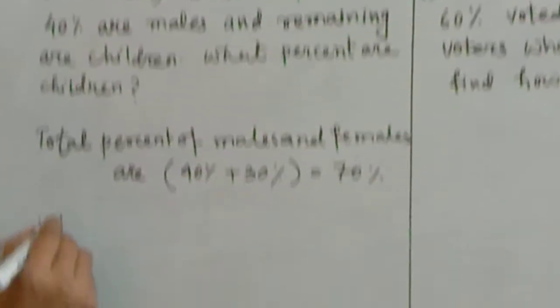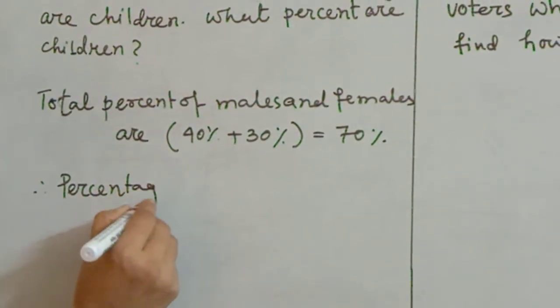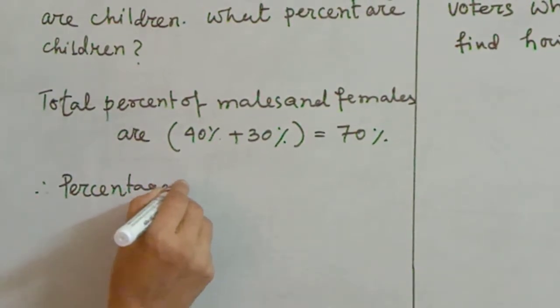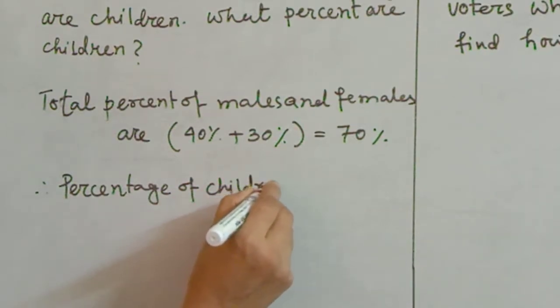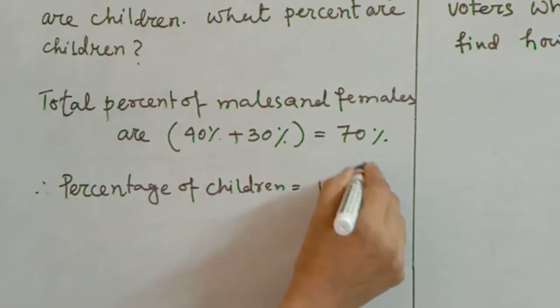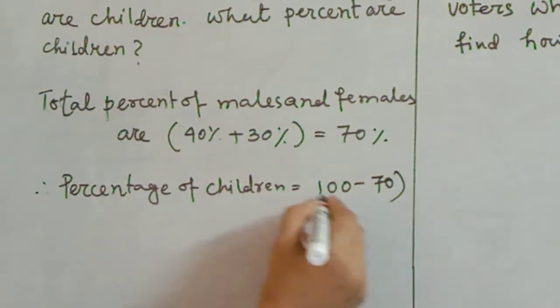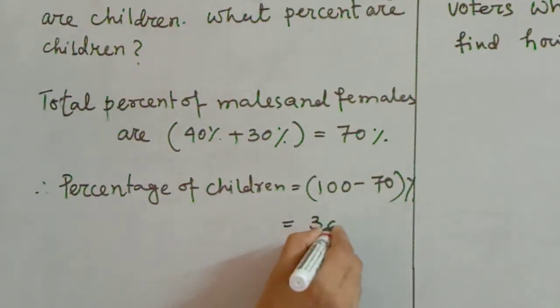Therefore percentage of children is equal to, out of 100, 70 are males and females, the remaining are children, that is 30%.